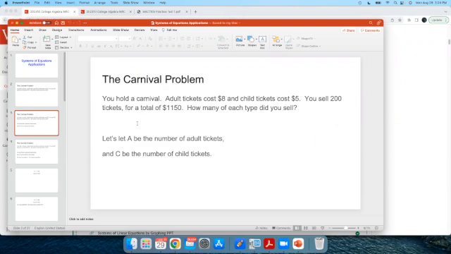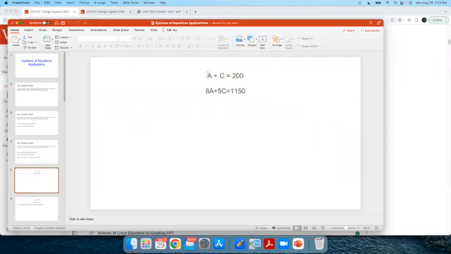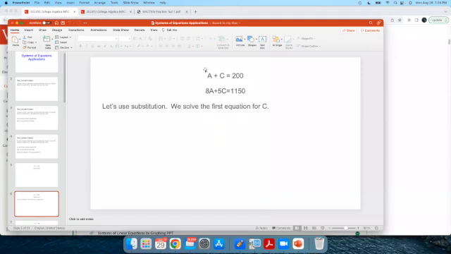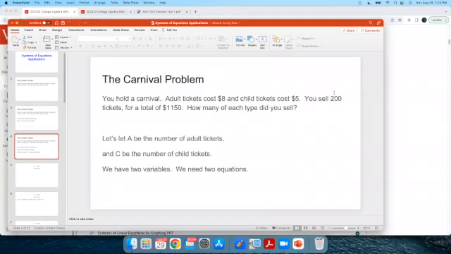You're always going to have enough information to get two equations, and it's always going to be your total amount of something and then your total money of something. So I know I sold 200 tickets altogether. That's right there. So these two have to add up to 200.